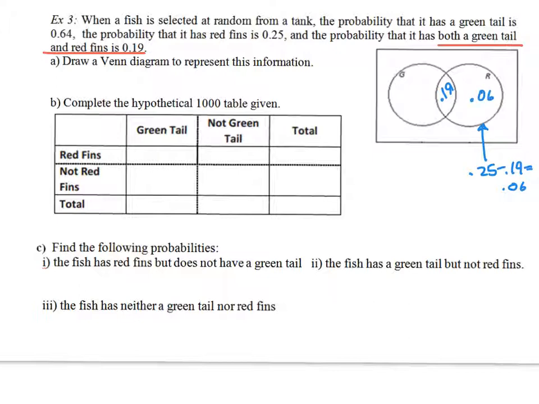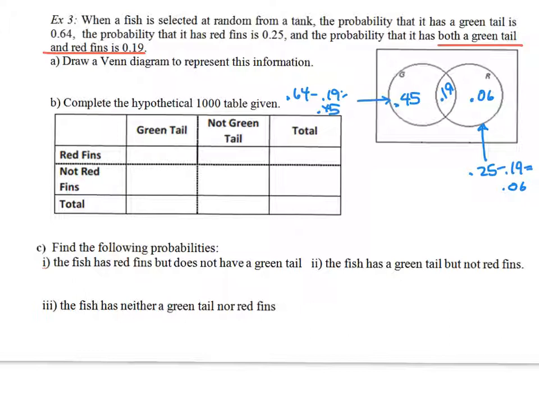I also know that I've got green tails 64% of the time. So I can say 0.64 and subtract the 0.19, and that's going to give me 45% or 0.45 in the left side of the circle specifying green.